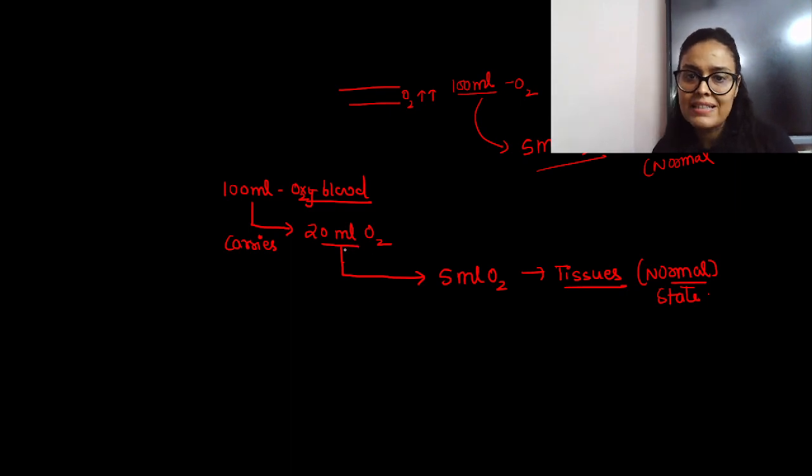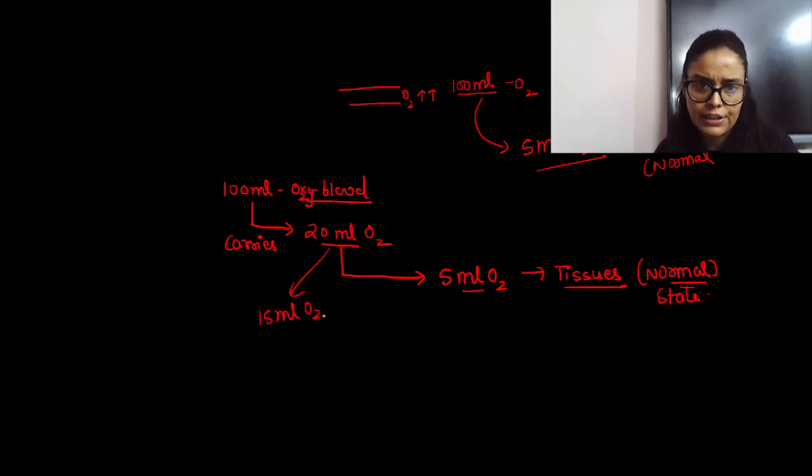So we know that out of this 20 ml oxygen, 5 ml is gone here, and after that 15 ml oxygen is left in the oxygenated blood, right? 5 ml given to the tissue, how much is left? 15 ml oxygen is left in the oxygenated blood, and out of this 15 ml, suppose 0.6 ml will be used by WBC, right?